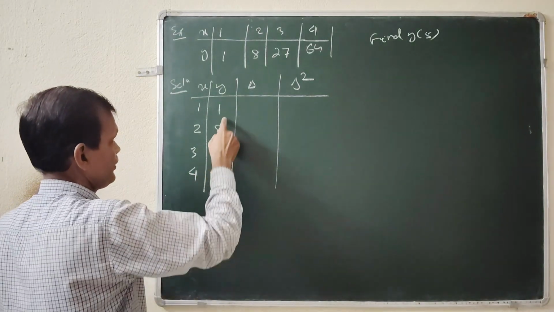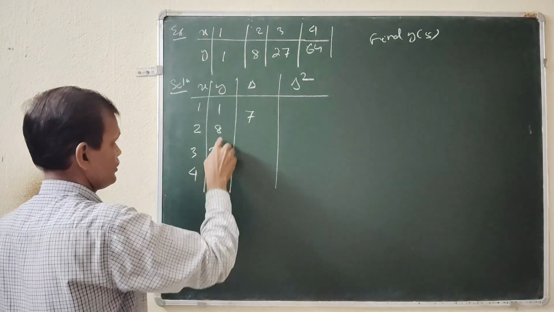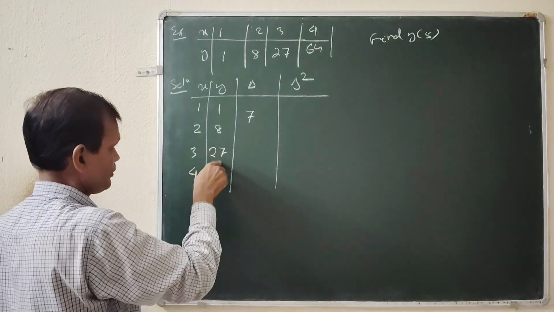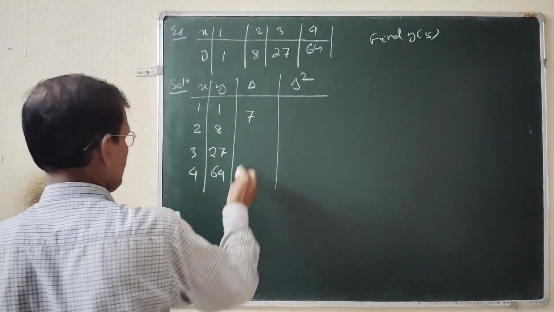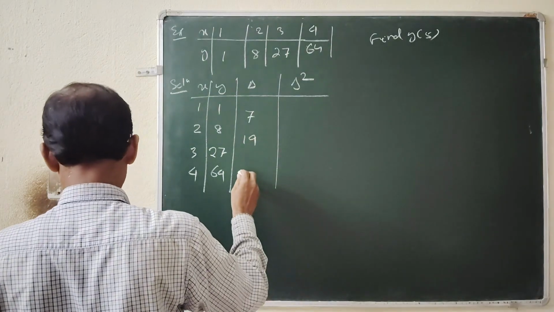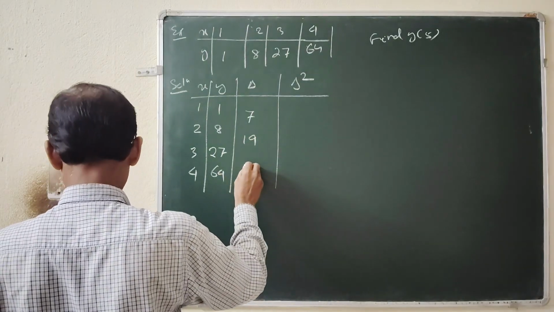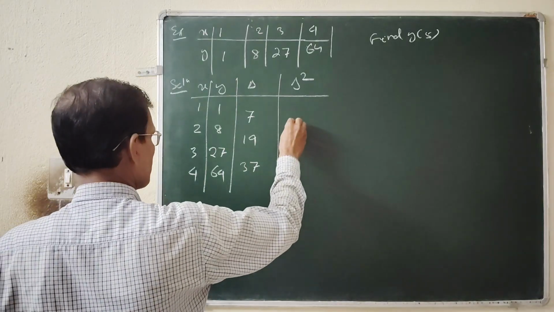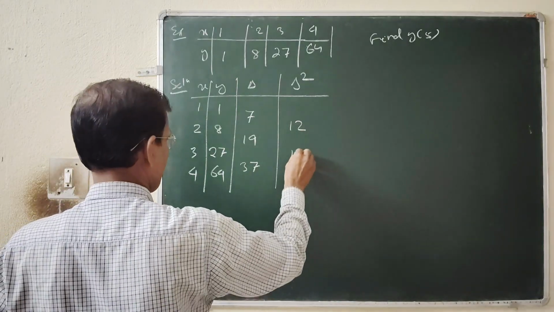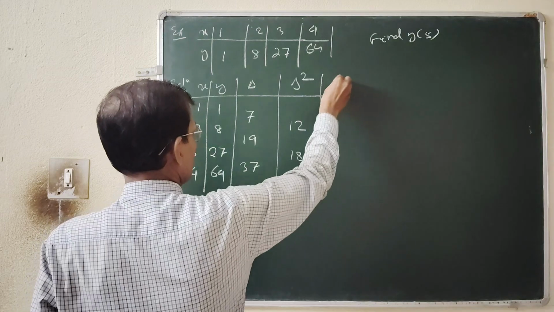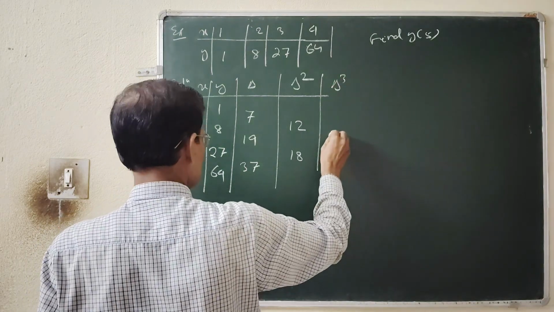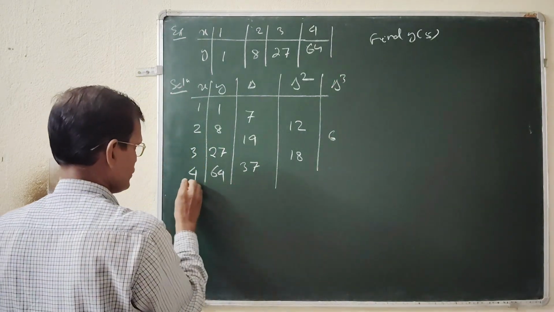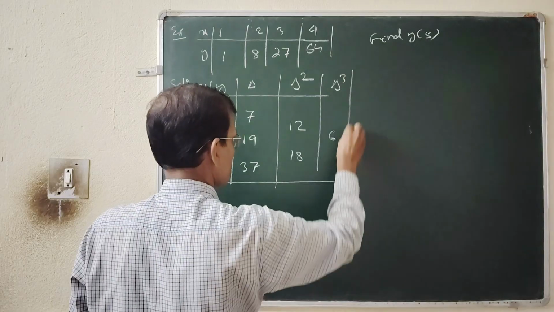Delta is 8 minus 1, that is 7, 27 minus 8, that is 19, and 64 minus 27, that is 37. Then delta square is 12 and 18, and delta cube, the third order, is 6. So this is our forward difference table.